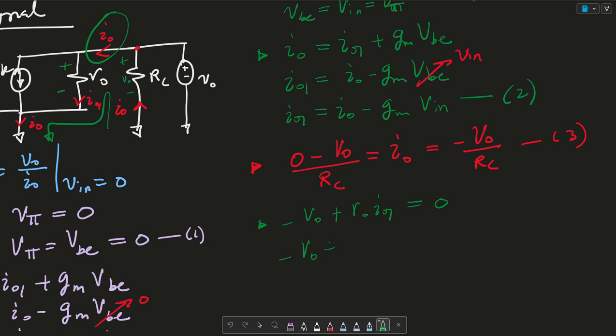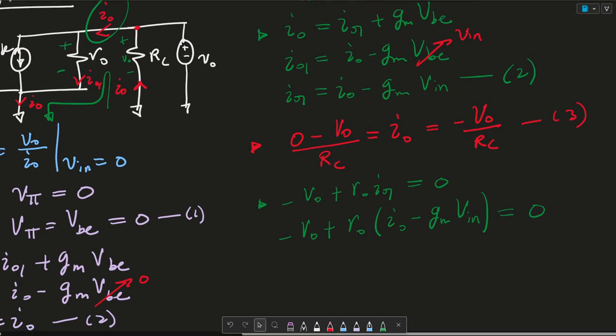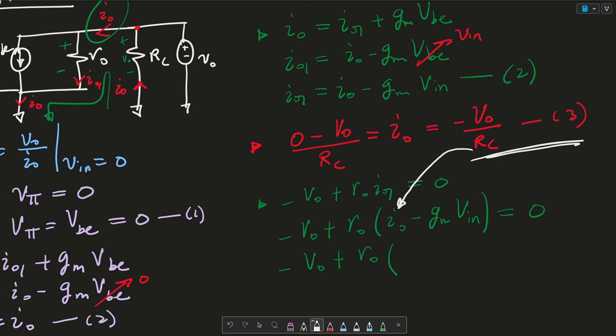So this is minus VO plus RO times IO minus GM VN, and we equate that to 0. Then, because of equation 3, we can plug IO in here, and say that this is minus VO plus RO times minus VO over RC minus GM VN, equal to 0.